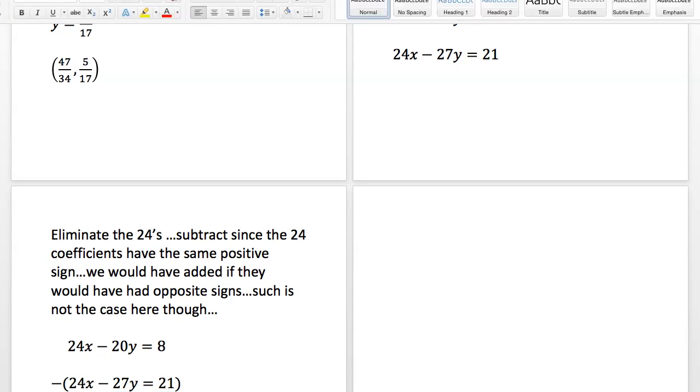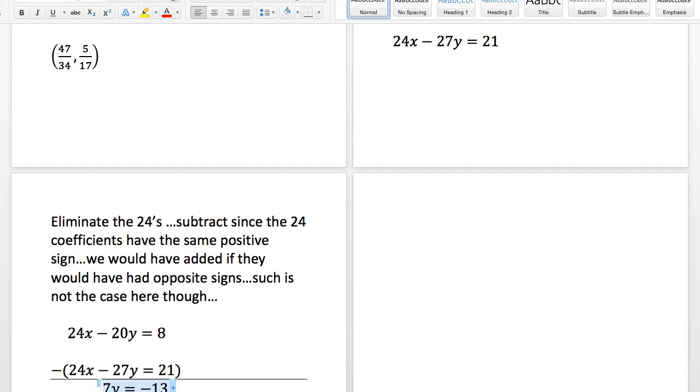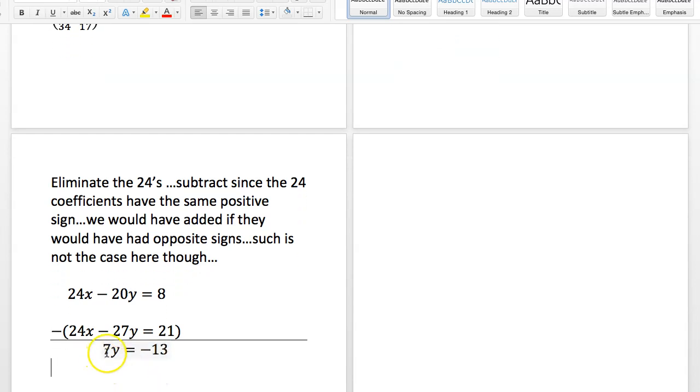So we've got 7y equals negative 13. And then, by Algebra 1, we just divide both sides by the coefficient hugging your y term, multiplicatively hugging.